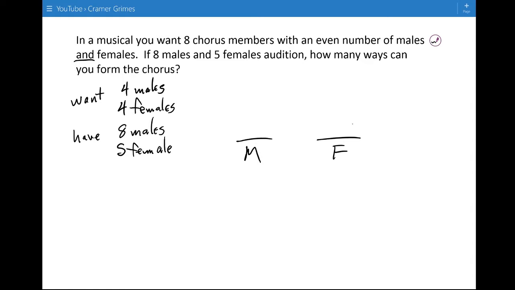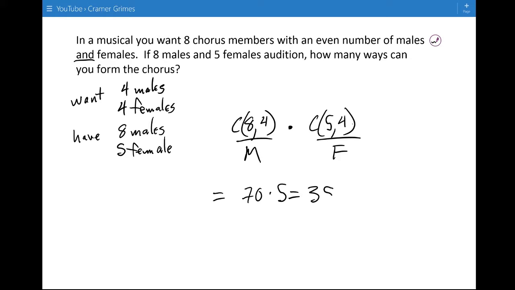In this case, and makes more sense, so we're going to multiply. So calculating males, that would be combination of the 8 males, choose 4 of them. For females, that would be combination of the 5 females, choose 4. 8 combination of 4 is 70. 5 combination 4 is 5. Multiply those together. That would give us 355 ways to form our chorus. Okay?